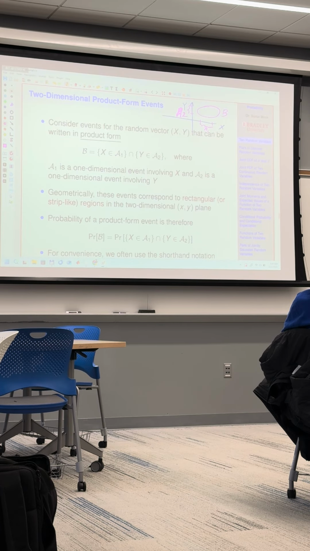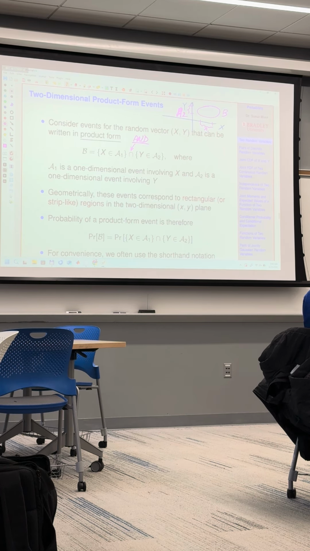This part A2 is from the y-axis, A1 is from the x-axis. That's the notation. So random variable x can take any value from this set A1. Random variable y can take any value from this set A2. And this gap means this is the AND operator.